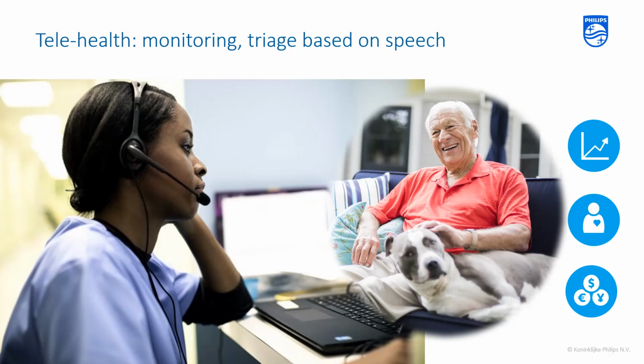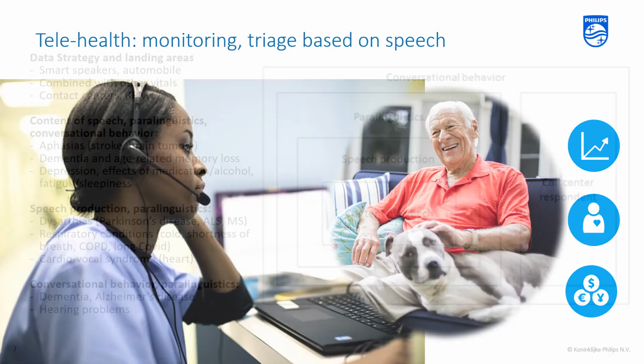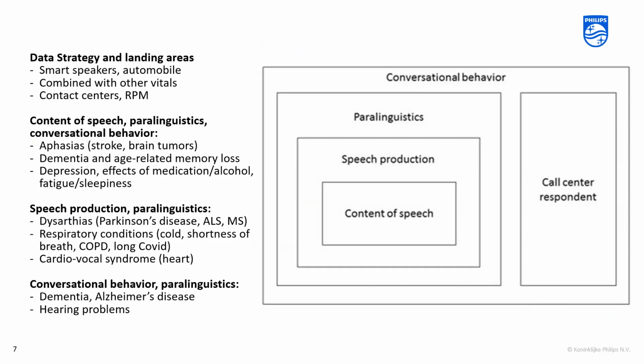In this setting, we can sense all kinds of things that we can imagine. We have heard many good examples of different sensing modalities and targets that we can look at. Our own ESR worked on sensing the respiratory health of the patient. When we look at this conversational setting, we can analyze the content of speech, the linguistic content, and speech production related parameters, which involve muscular control and respiration, for example.